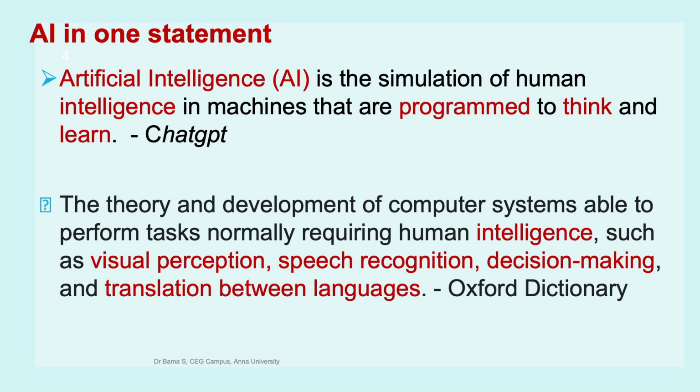Another definition is from the Oxford Dictionary, which says the intelligence that includes visual perception, which is the seeing, speech recognition, which is me talking, decision making, the decision which I described in the two examples, and the translation between languages. This is machine translation, but the Oxford Dictionary has included this term inside the definition of AI, though it is a very specific, small part of AI.